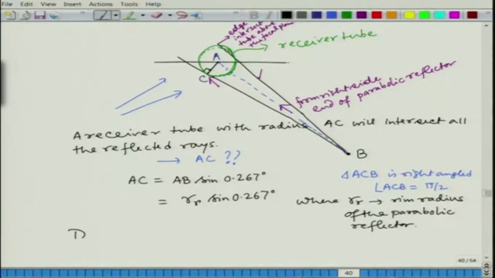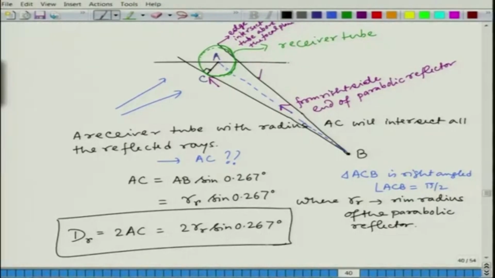Okay. So, basically D of this receiver will be twice of this minimum radius, which is AC, that means 2 RR sine 0.267 degree.